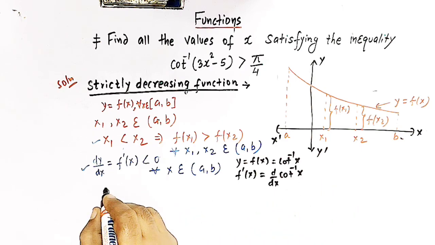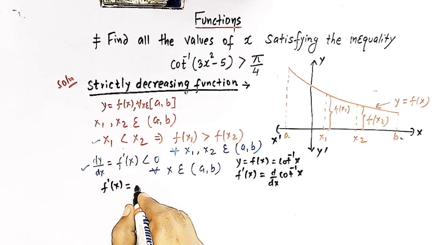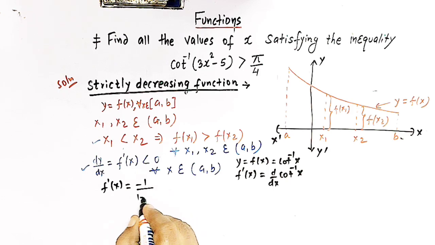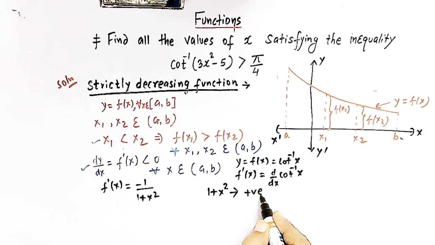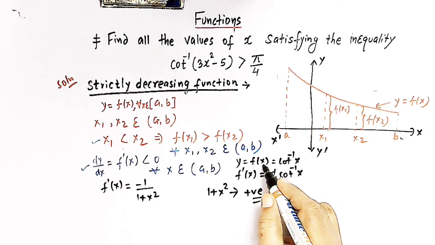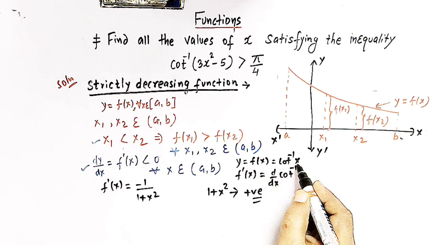And we know that the derivative of cot inverse x is equal to minus 1 over 1 plus x square, right? And here we can see that 1 plus x square is always going to be positive for all values of x belonging to the domain of the function, that is f of x is equal to cot inverse x, right?